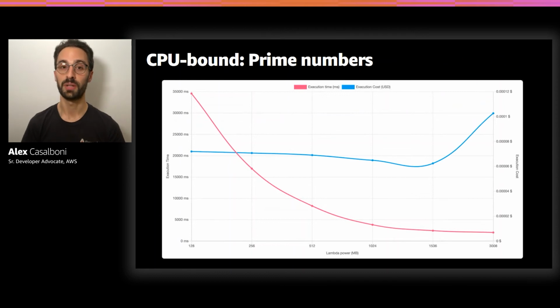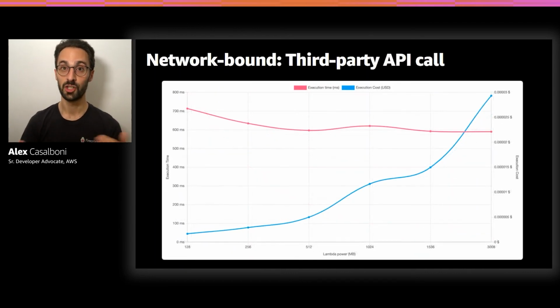If you go back to the prime numbers example, we see that, as I said before, here the execution cost is not only flat, but it's actually going down a little bit. So there is no absolute reason for not choosing 1.5 gigabytes of RAM here, because we're going to be faster and cheaper at the same time. We go from 35 seconds to less than 3 seconds, basically for 5 or 10% cheaper.